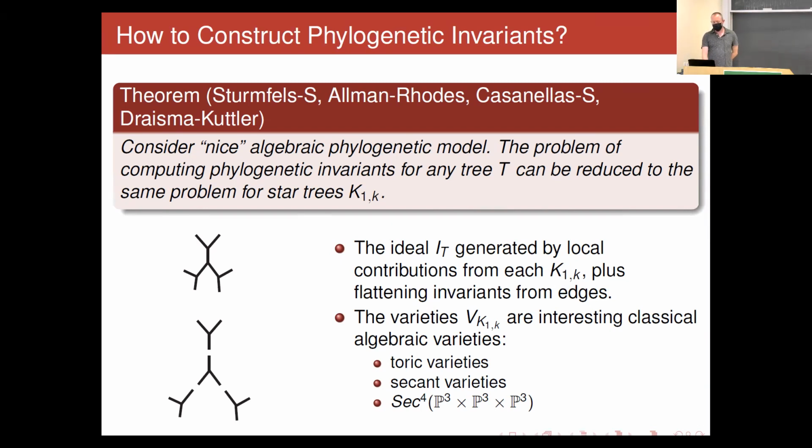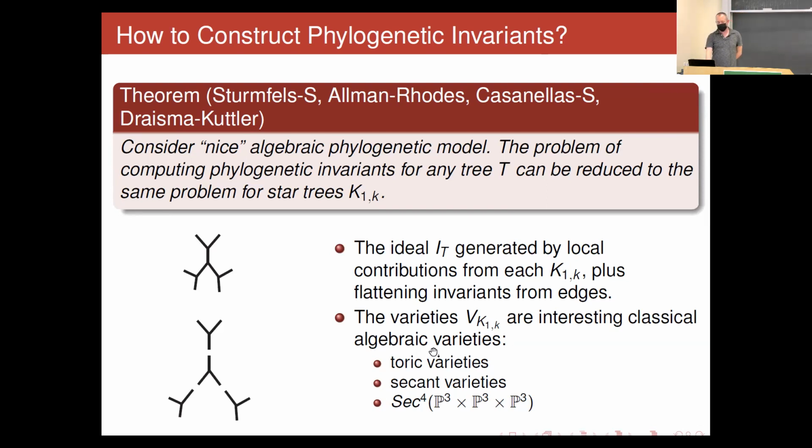The varieties that come up for those star trees are often interesting classical algebraic varieties. Sometimes they're toric varieties, sometimes they're secant varieties of toric varieties.